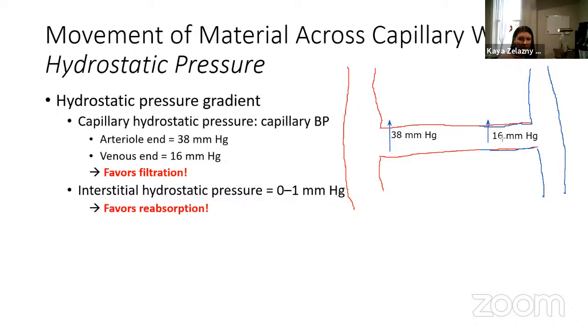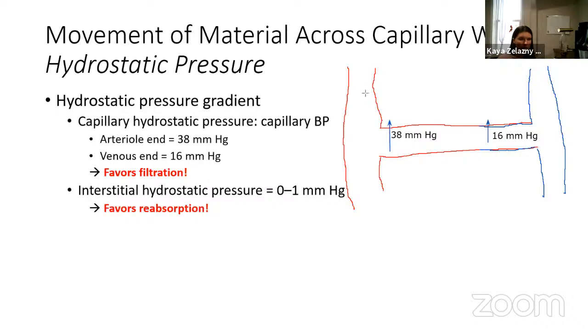So both of these are pressures pushing out, although our net movement of water is going to be different on the arteriolar end versus on the venous end. So the capillary hydrostatic pressure is always a pressure favoring filtration, favoring movement out of the capillary, regardless of what the total end picture is going to look like.